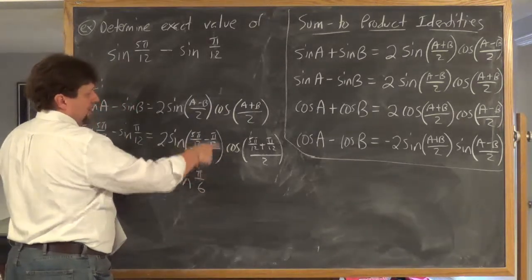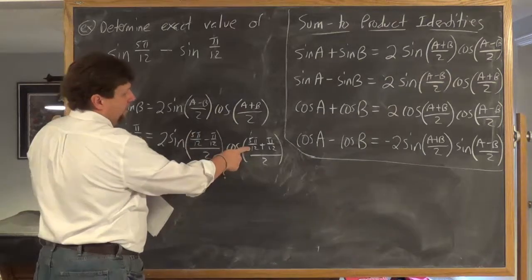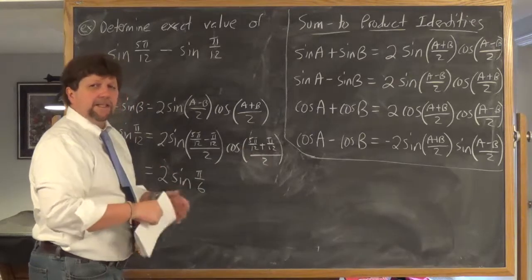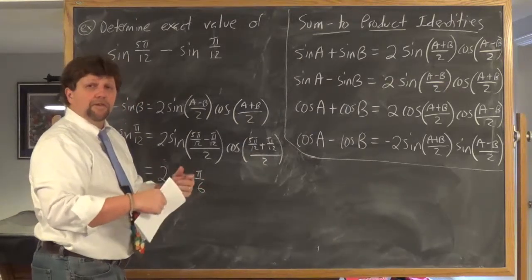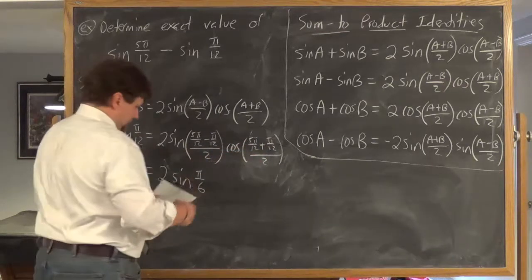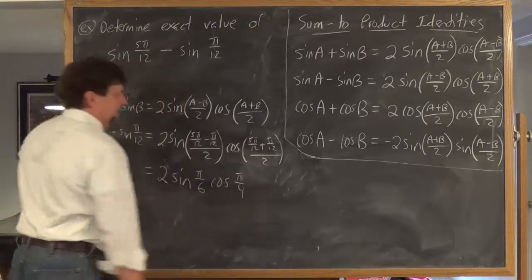So all of this reduces down to pi over 6. Over here we have a 5 pi over 12 plus a pi over 12. Well, that's 6 pi over 12. 6 pi over 12 is pi over 2. So pi over 2 divided by 2, that's pi over 4. So we have cosine pi over 4.